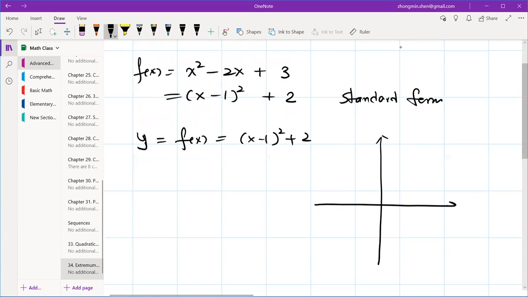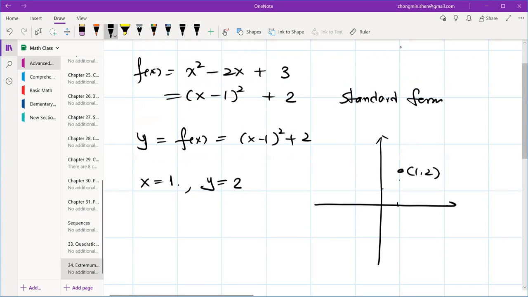But from this picture, you will see a couple of things. When x equals 1, y is going to be 2, right? Because when you plug 1 in for x, you get 2. That's the first thing. So the point (1, 2) is on the graph, okay?